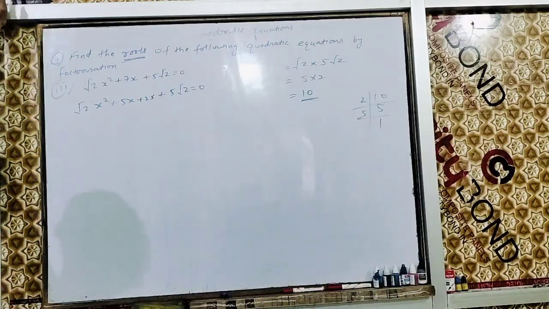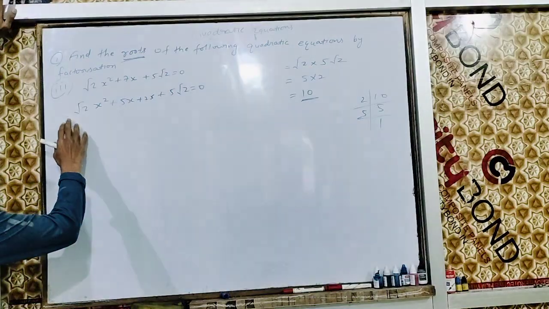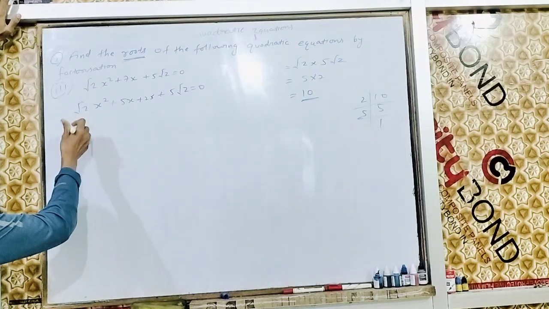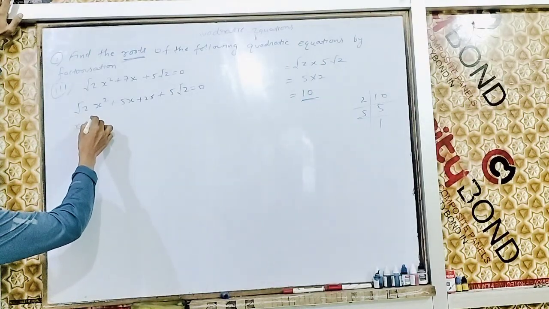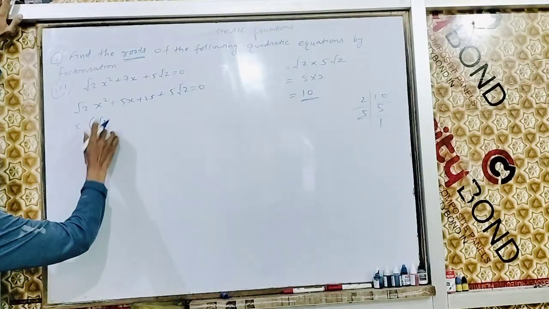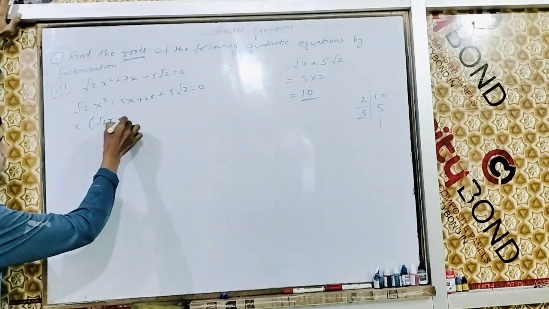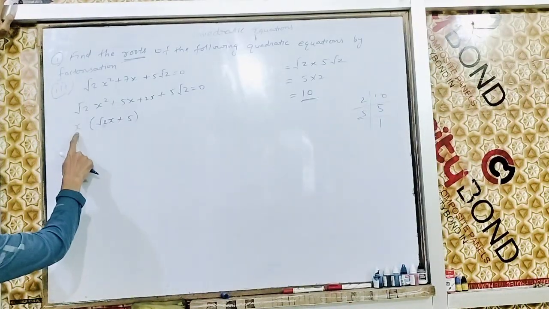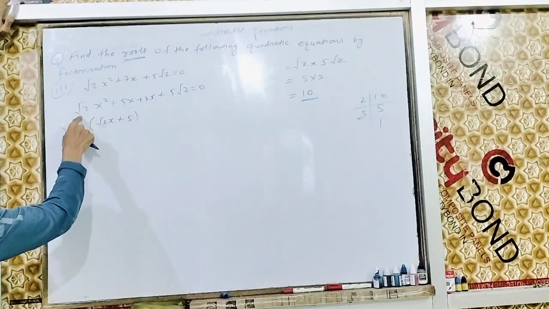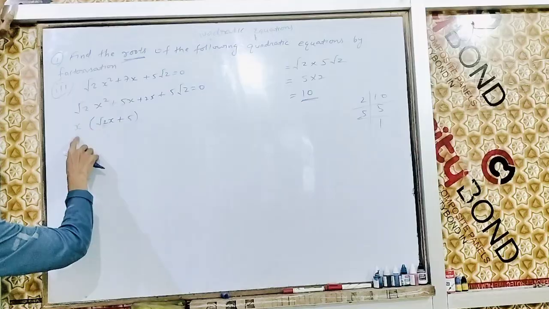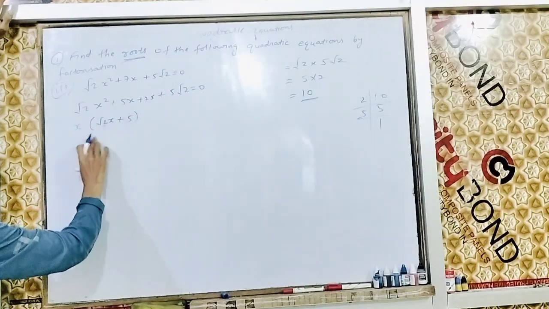Here you can say, if you take x, yes, x is common. x, then root 2 x, and here 5 will be left. If you multiply this by this, then this will become this much. If you multiply this by this, then this x 5 is 5x.